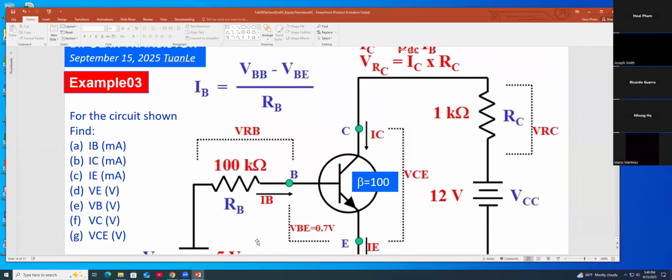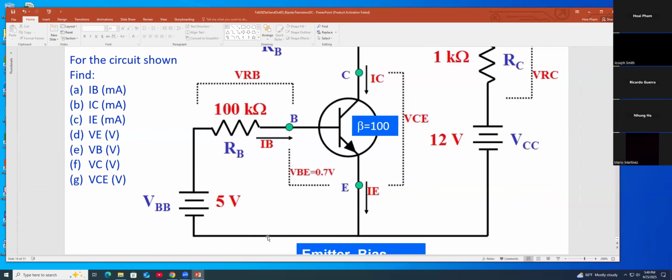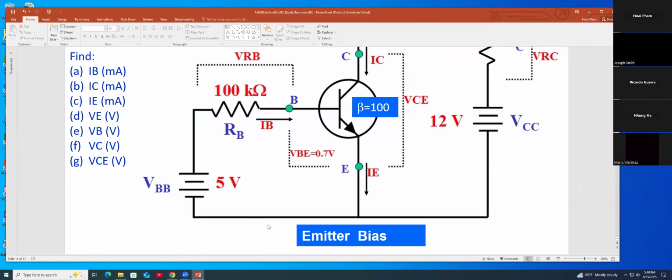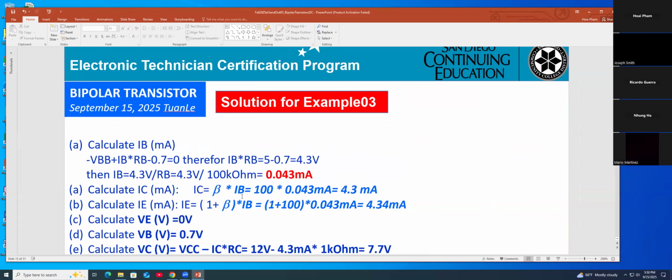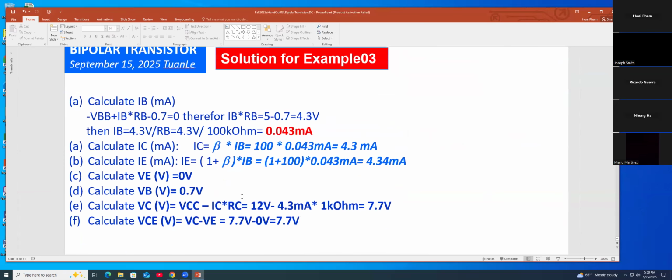Now, for this circuitry here, they want you to find IB, IC, IE, VE, VB, VC, VCE. I tried it. They already gave you the solution here.